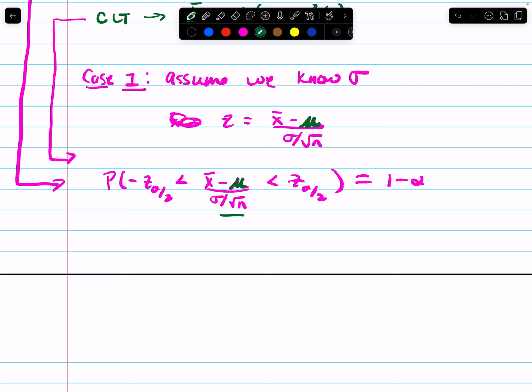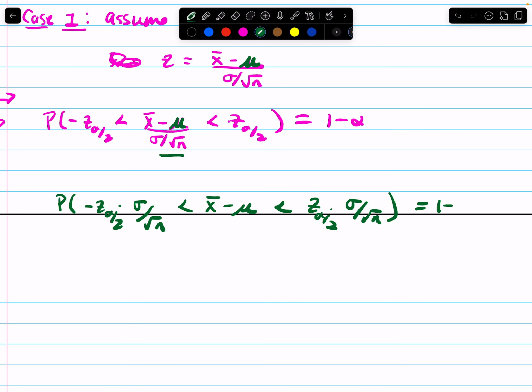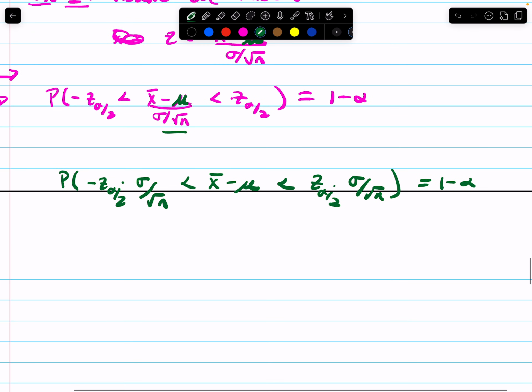So we'll multiply all sides by sigma over the square root of n, and we end up with the probability negative z alpha over 2 times sigma over the square root of n is less than x bar minus mu less than z alpha over 2 times sigma over the square root of n. I'm just multiplying through by the common denominator. That is equal to 1 minus alpha. I'm going to subtract x bar from all sides.